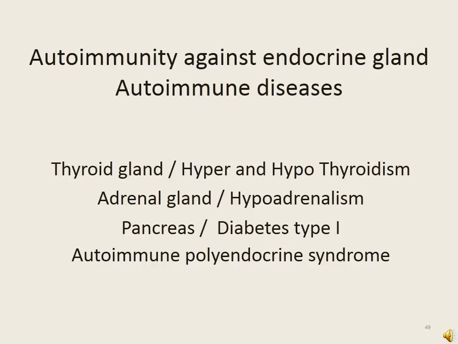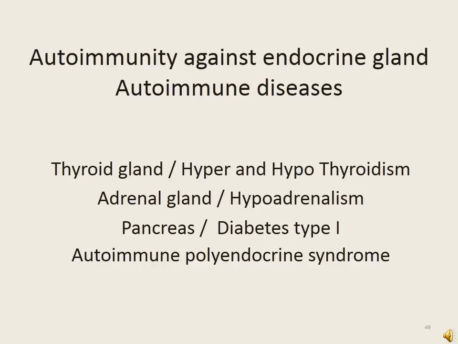The autoimmunity against the endocrine glands that causes autoimmune diseases includes 4 types of autoimmune diseases that we are going to describe further. The first is an autoimmune disease of the thyroid gland, both hyperthyroidism and hypothyroidism.